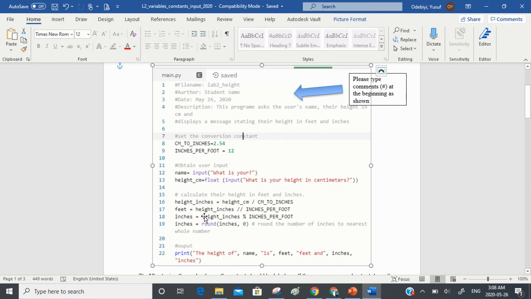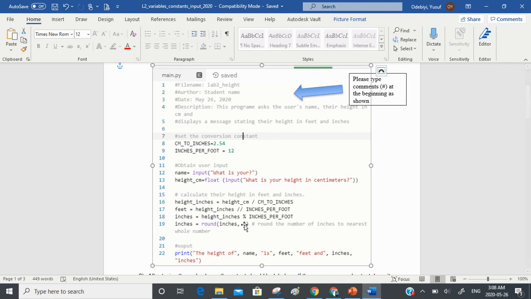Okay, so whatever I get in inches, I'm going to divide it by inches per foot, and then inches equals round, another built-in function, inches, comma, 0. Basically, I'm saying to the nearest whole number.